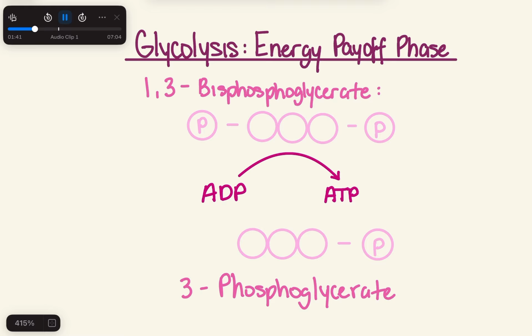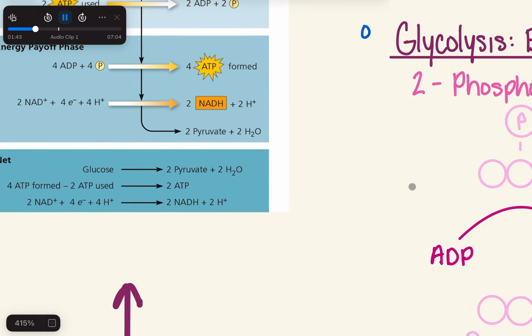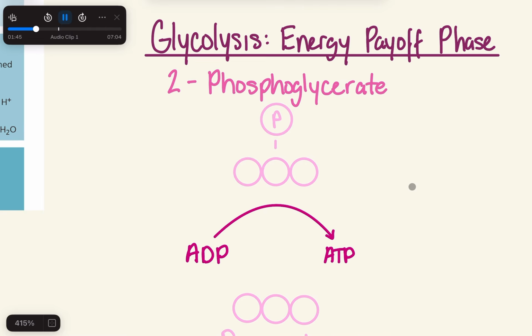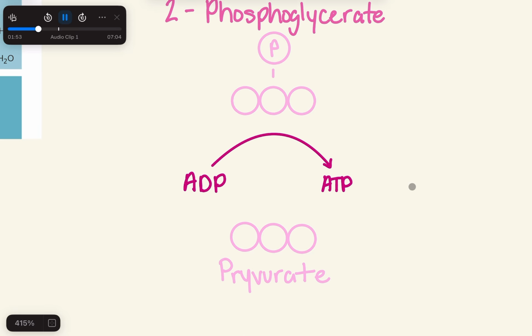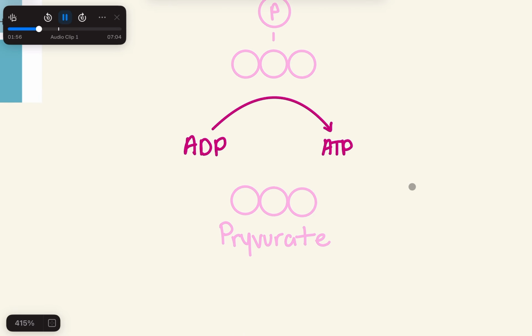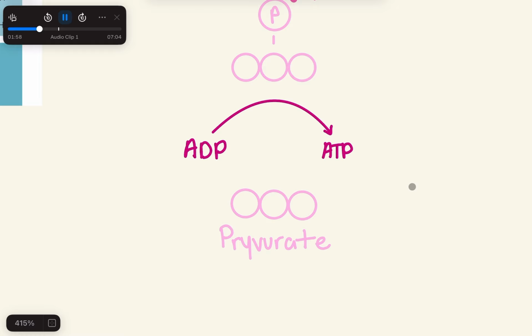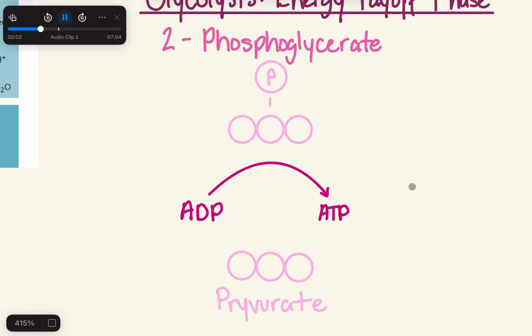And the next process will be using the new molecule, 2-phosphoglycerate. And it'll do the same. A kinase will transfer the last phosphate group to ADP, therefore creating ATP, and that's when the energy payoff phase creates 2 ATP.